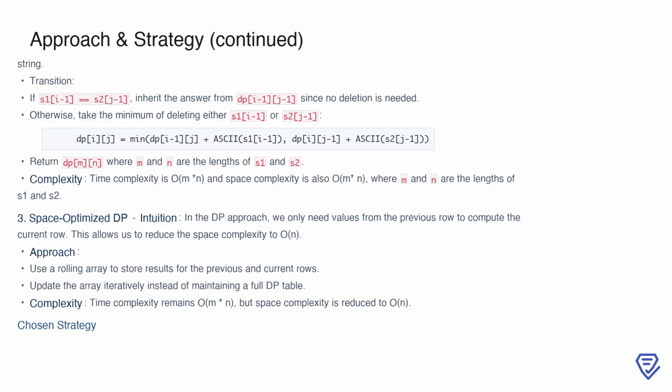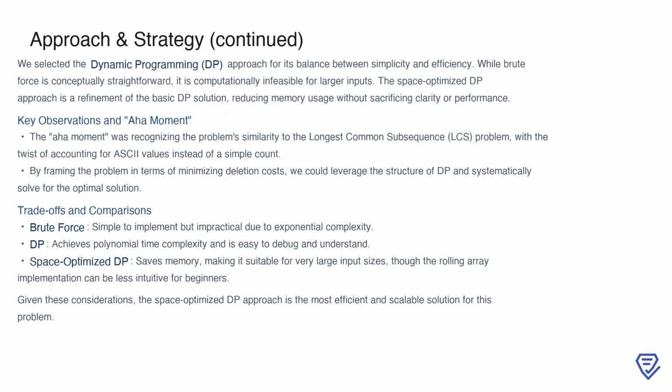To optimize space, we can further reduce the memory usage by recognizing that only the previous row is required to compute the current row. Using a rolling array, we can bring the space complexity down to n, while maintaining the same time complexity. Given the options, we chose the dynamic programming approach because it strikes a good balance between simplicity and efficiency.